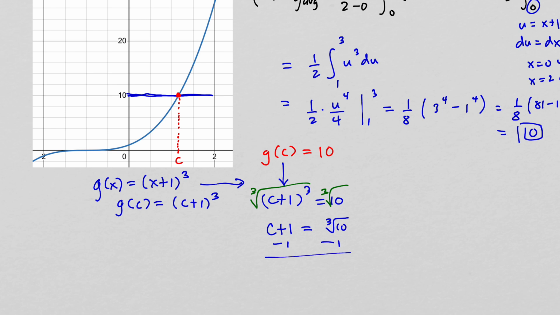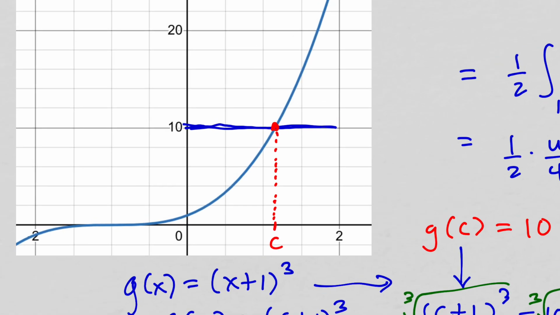And then subtract 1 from both sides. C will be the cube root of 10 minus 1. And that value is approximately 1.15. So this value that you see here on the x-axis, this value of c, is approximately 1.15.